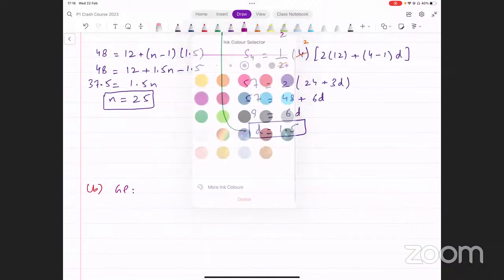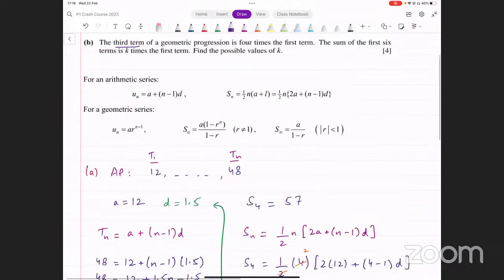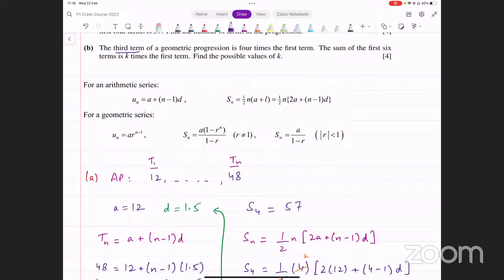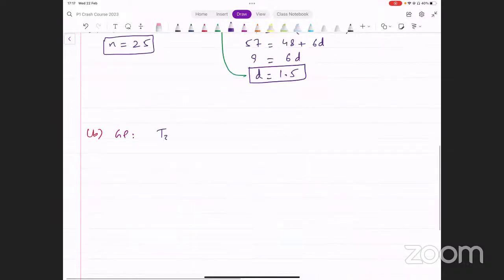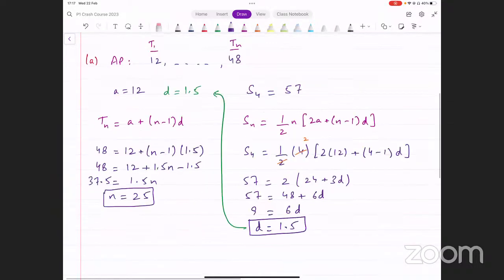In this GP, they're saying the third term is 4 times the first term. So we could say T3, that's the third term, is 4 times the first term, T1, or we could use A for that. Remember, A represents the first term. So T3 is basically 4 times A. All right, that's what we are given.